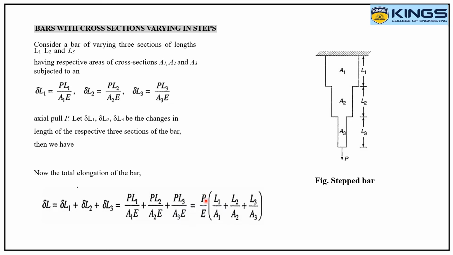Here we have P by E as common in all the elongations. Hence it can be taken out as P by E bracket of L1 by A1 plus L2 by A2 plus L3 by A3. On solving this equation, we will get the total elongation of this object.